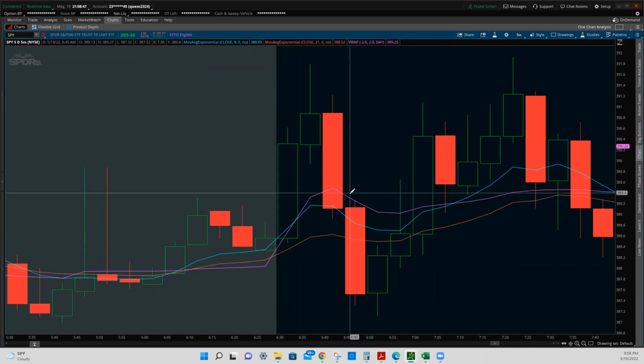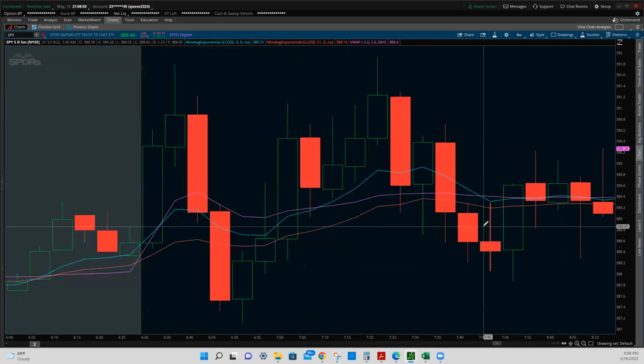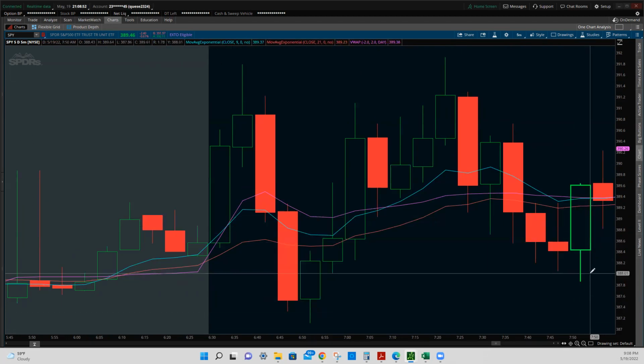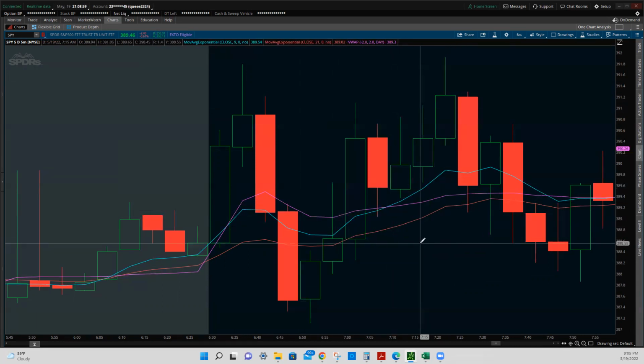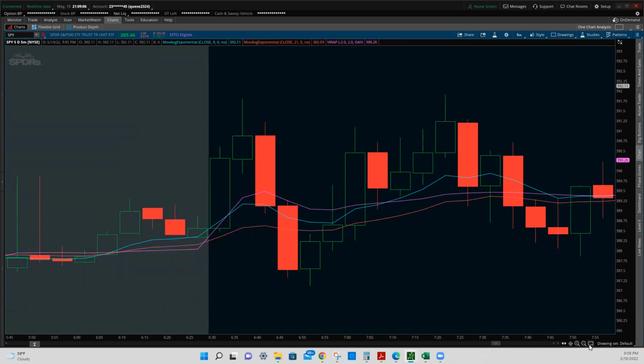And once again, it's not always going to be perfect, so you don't want to just buy or sell every time you see that. It just gives you a good indication that the trend is happening. So for instance, if you were to look at price from here to here, you see this blue line is above this purple line and above this red line.